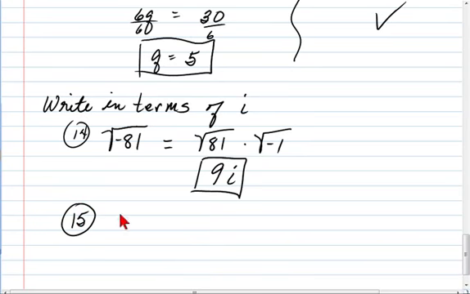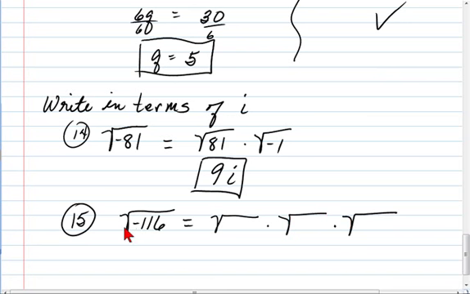Number 15. It asks me to write in terms of i the square root of negative 116. So because there's a negative, and only because there's a negative, I'm going to try 3 radicals, put negative 1 in the middle. Now a perfect square that goes into 116, let's see.